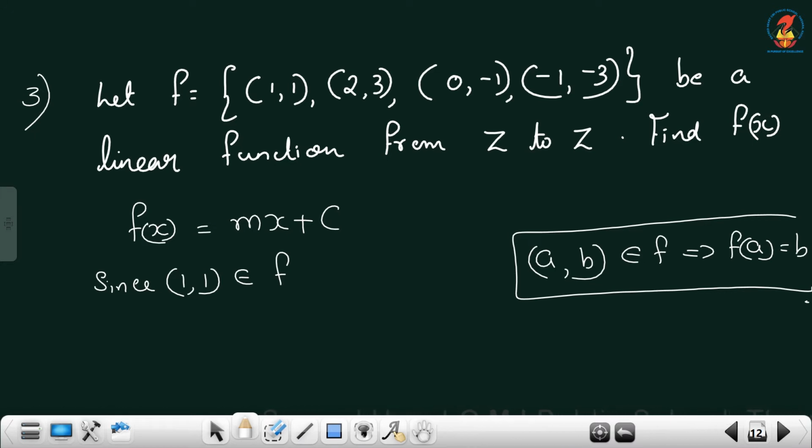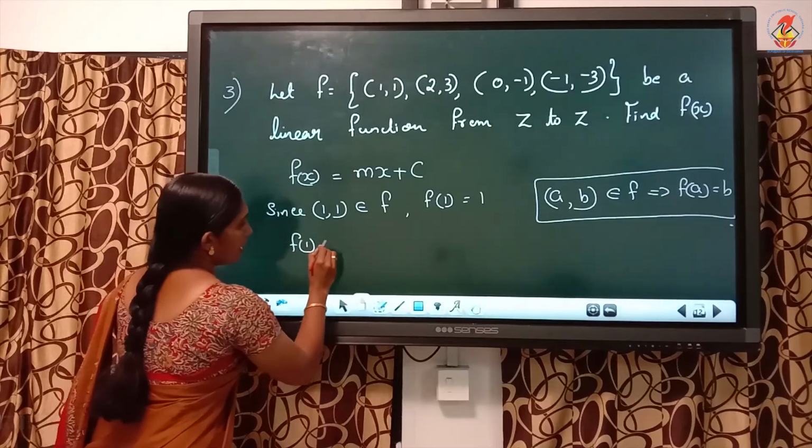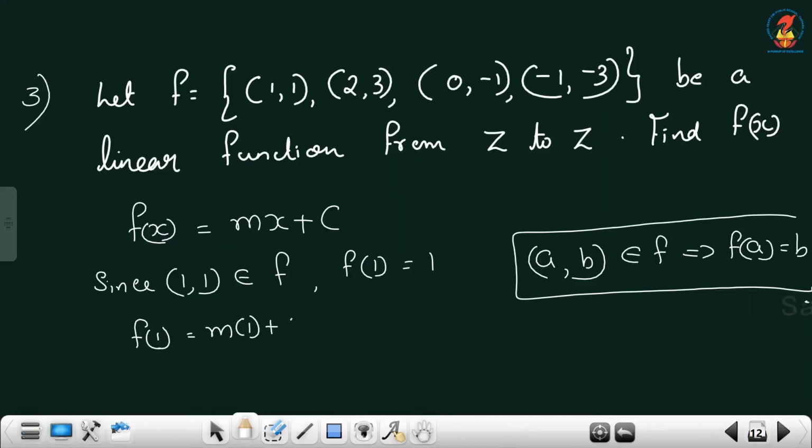So (1, 1) belongs to f means I can write f of 1 is equal to 1. Now substitute. f of x is mx plus c. So f of 1 is m into 1 plus c, and that is equal to 1 itself. So m plus c is equal to 1. Call it equation 1.